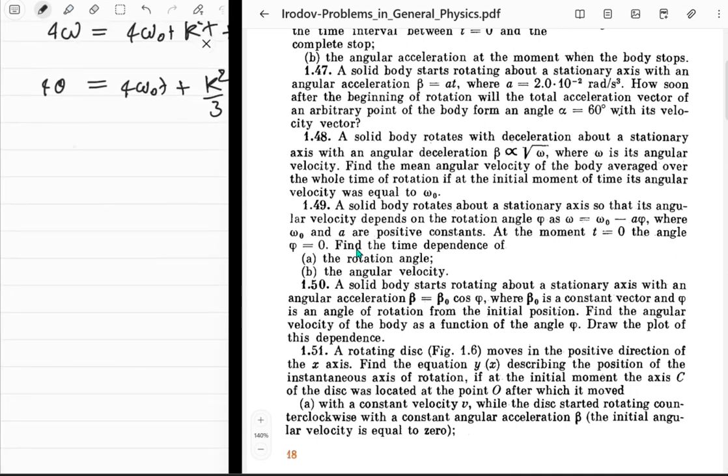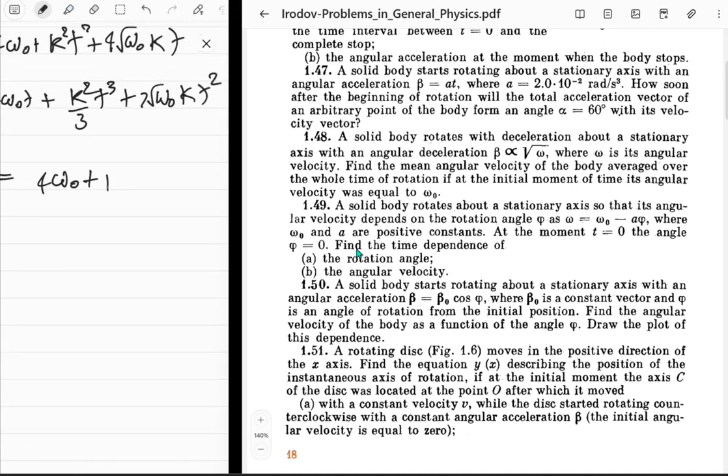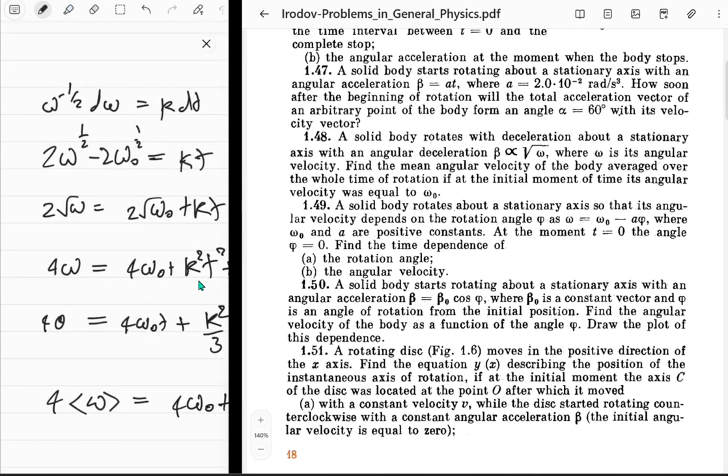So we'll have 4 times average omega equal to 4 omega naught plus k squared t squared upon 3 plus 2 square root of omega naught times kt. The good thing is that it's completely in terms of kt. And what is kt? Kt is this quantity, so you can find that in terms of omega.